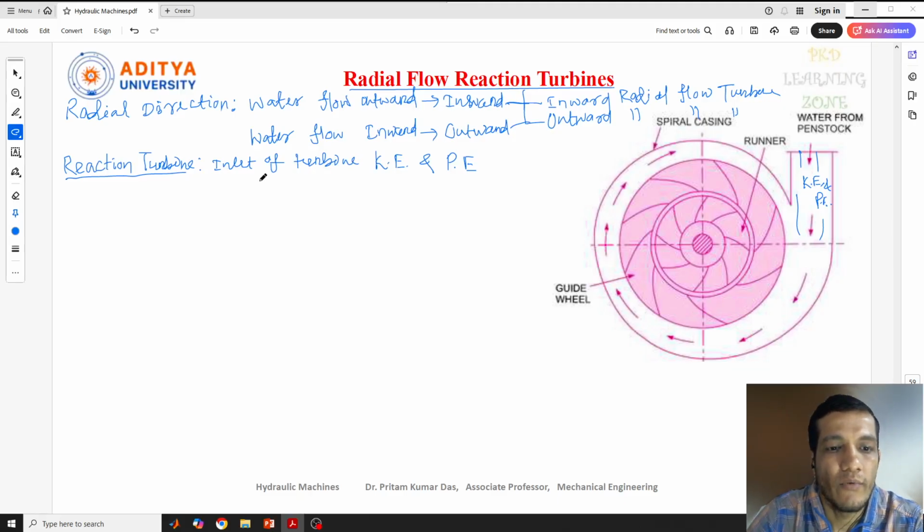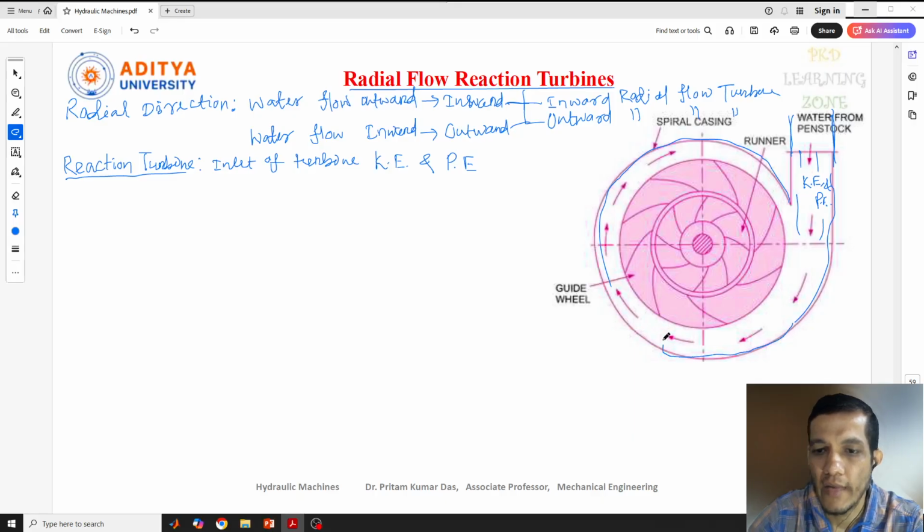So when the water flows through the runner, there are some parts in this. Let me tell you, as you can see, this is the penstock, which comes from the dam, and through this penstock the water comes inside. Here, this water flows through a casing, and that casing is called a spiral casing. Actually, it is of a spiral type.